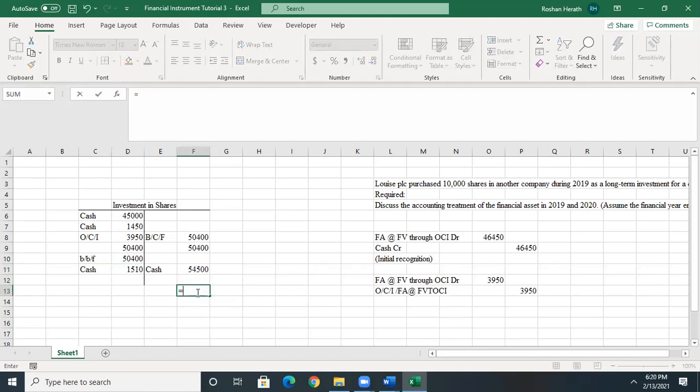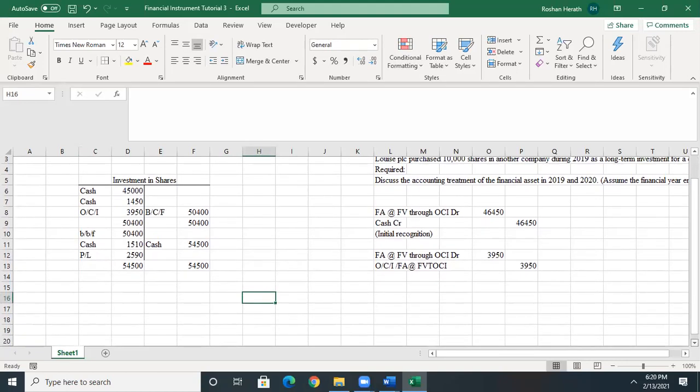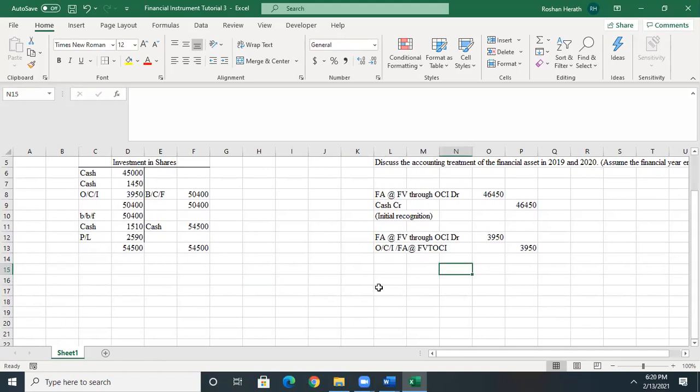So there is a difference, and that is 54,500, the gross value. So the difference comes on the debit side, and that's going to be how much? 51,910. Okay, so this is a kind of realized gain, hence it needs to go to the P&L. That is the ultimate disposal.